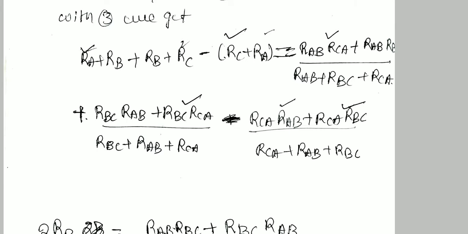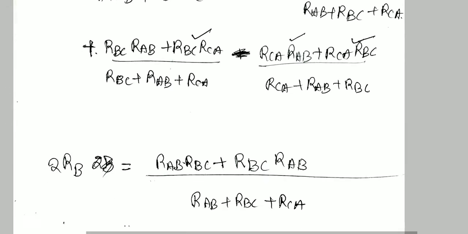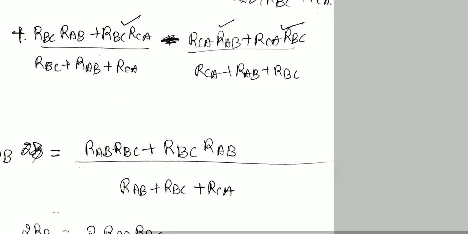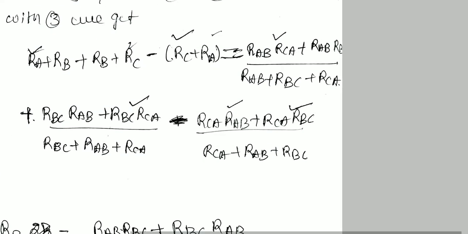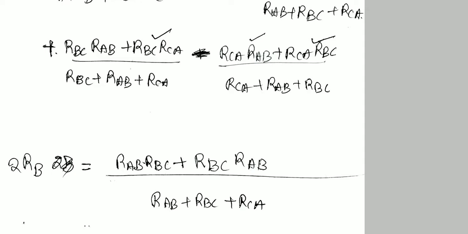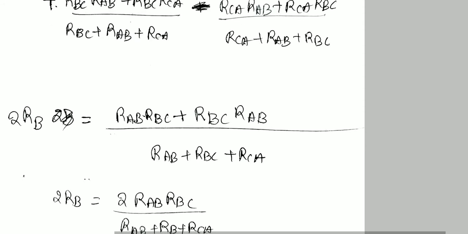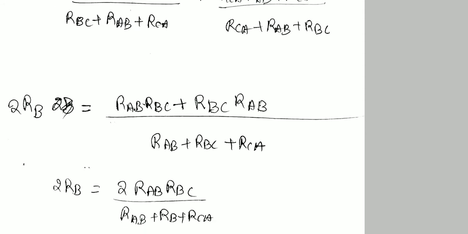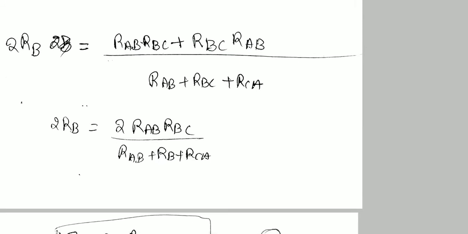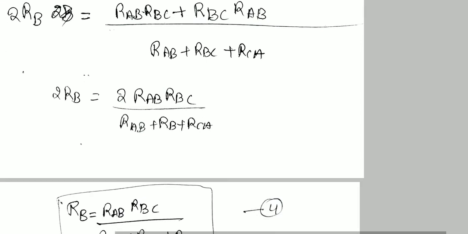See, RC and RA get cancelled, the only term remaining is RB, so 2 times RB. On this side the terms remaining are RAB RBC plus RBC into RAB, which are the same, so it becomes 2 times RAB into RBC.